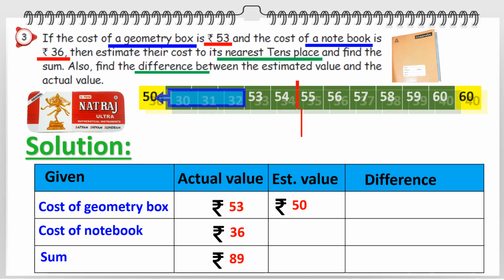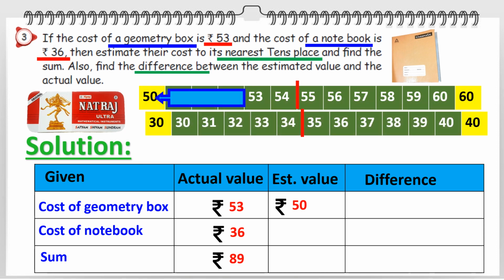Then come to the 36. Let us take this rounded off chart. So for 36, the number 36 ended with 6. So 5 and above. So it must be 40. Am I right? Yes, check it once. Okay. So answer must be 40.